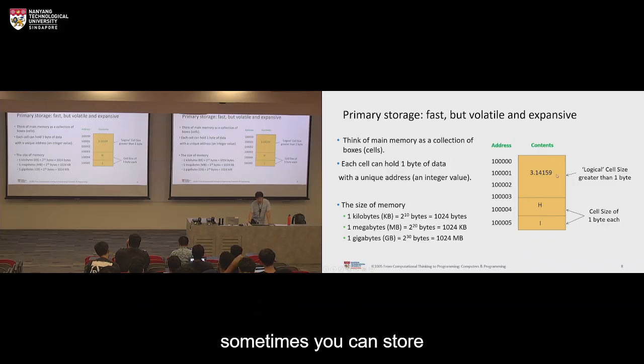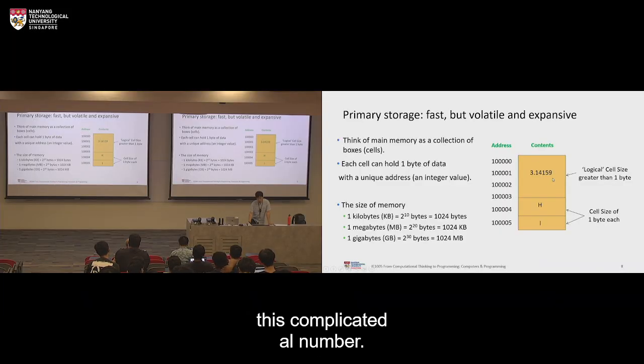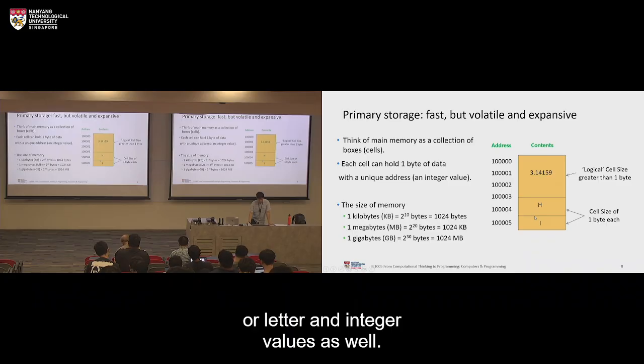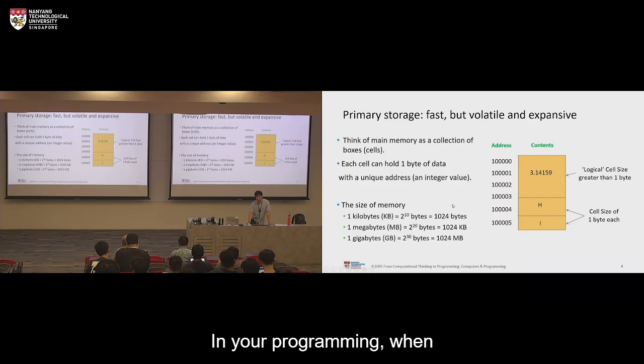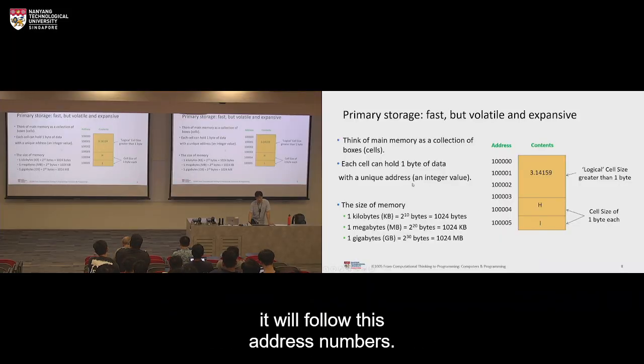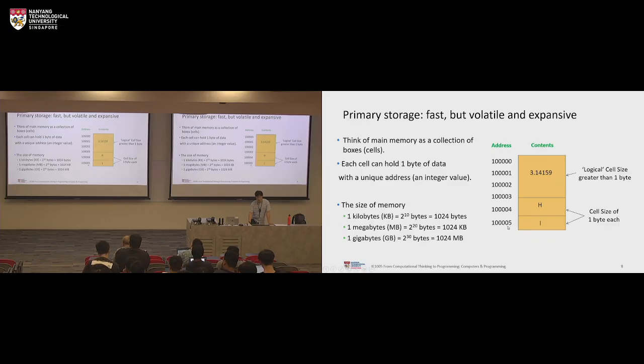In the memory cell, sometimes you can store complicated real numbers. You can also store strings or letters and integer values as well. Then this data has an address, and in your programming, when the computer accesses this data, it will follow these address numbers.